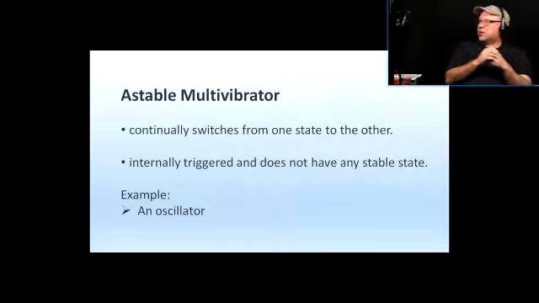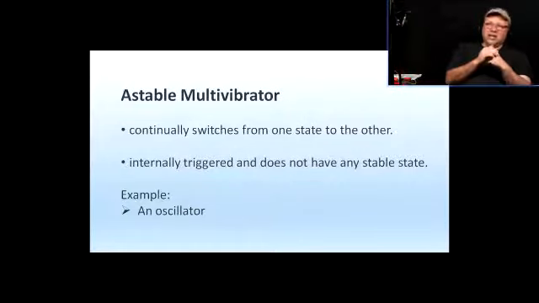Astable multivibrator continuously switches from one state to another, and it is internally triggered and does not have any stable state. So that's astable, or non-stable, but using the word non-stable would be kind of wrong because then it would be unpredictable, right?